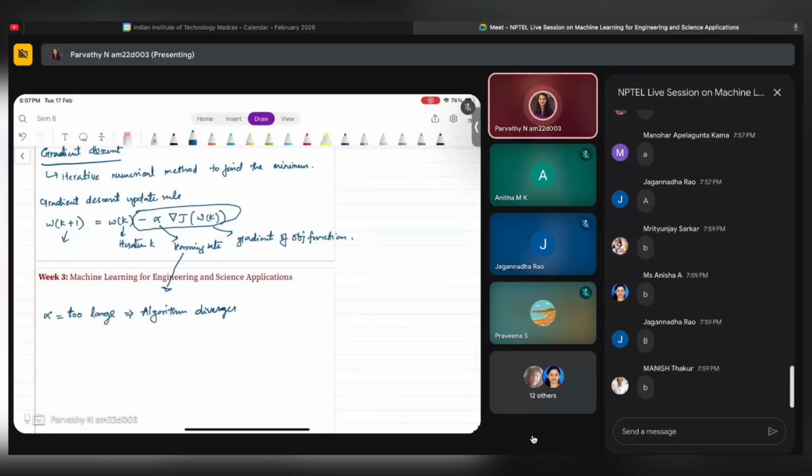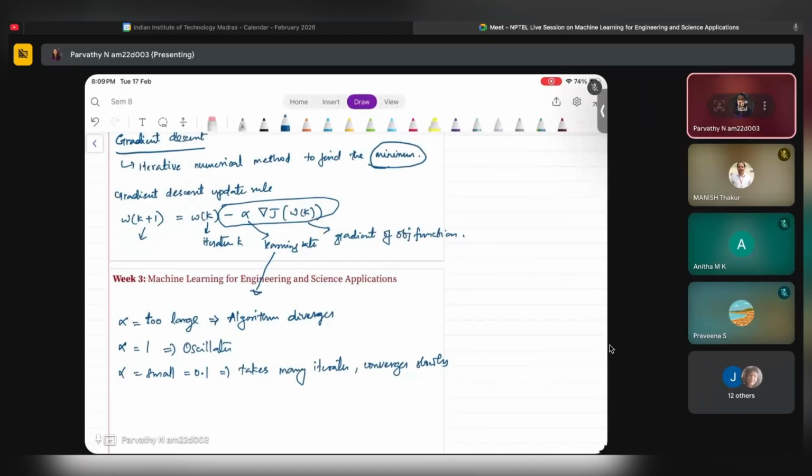And when alpha is 1, it again oscillates a lot. When alpha is small, in the video it's 0.1, it takes many iterations and converges slowly. When alpha is 0.5, as shown in that video, the algorithm converges quickly.